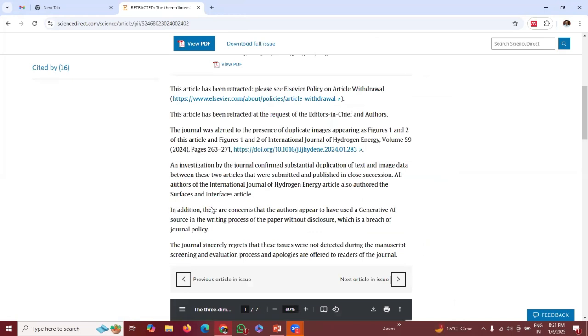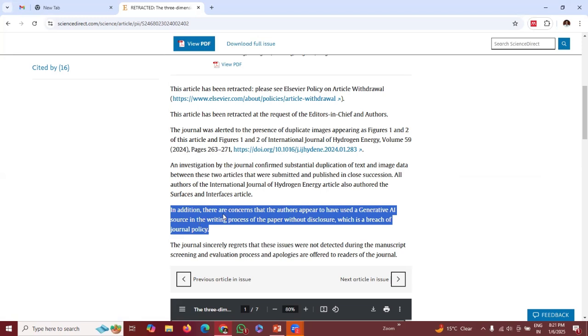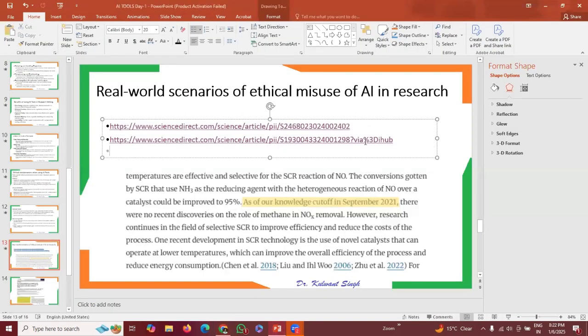In addition, this is about the AI sources. There are concerns that the authors appear to have used generative AI sources in the writing process of the paper without disclosure. This is the reason for the retraction. There is another link you can see.